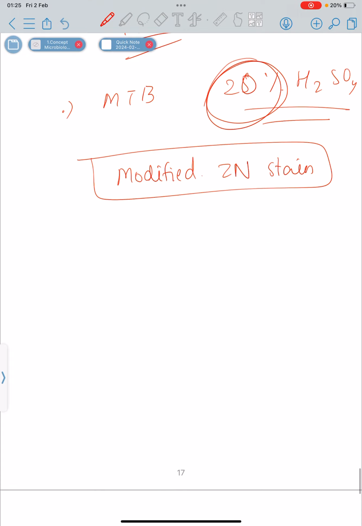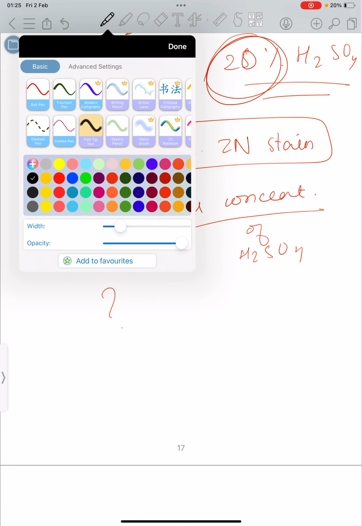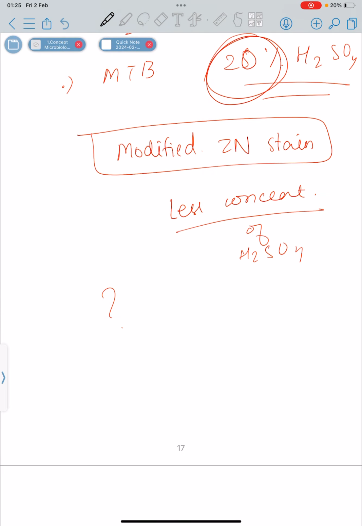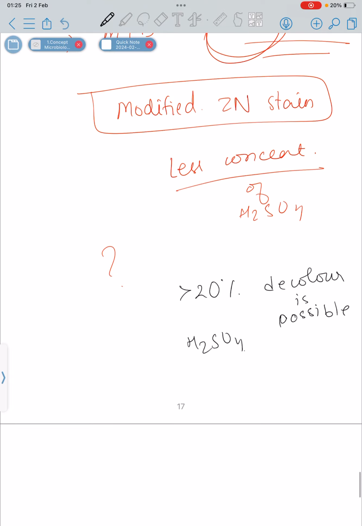In modified we'll use less concentration of H2SO4. Now why less? I already told you that beyond 20% decolorization is possible.